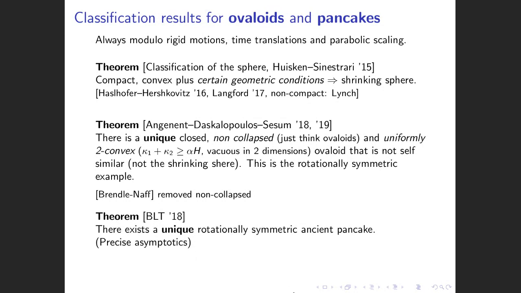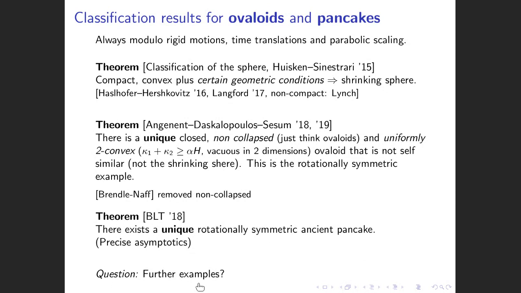And these asymptotics have been useful for the work I want to talk about today. So I'm going to describe this ancient pancake, this rotationally symmetric one, a little bit better.